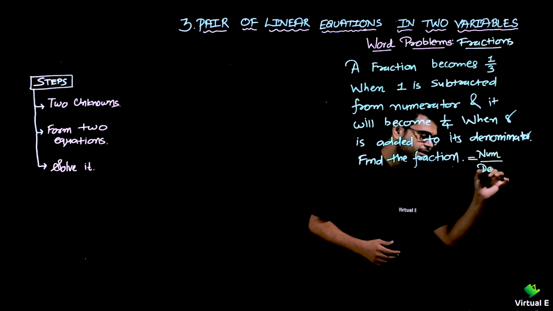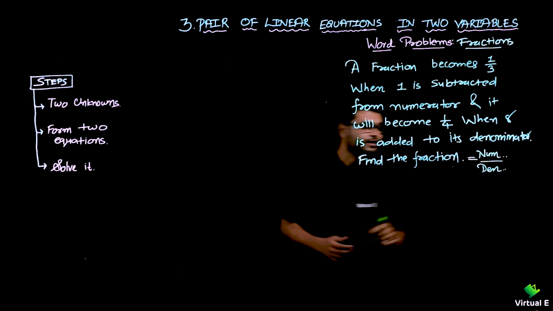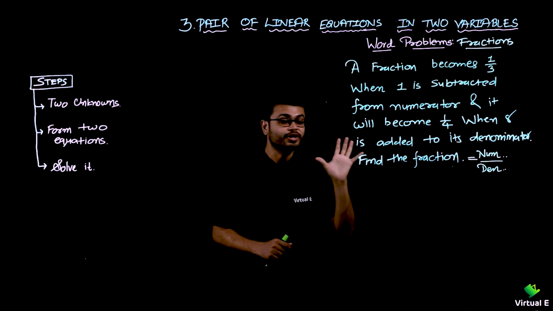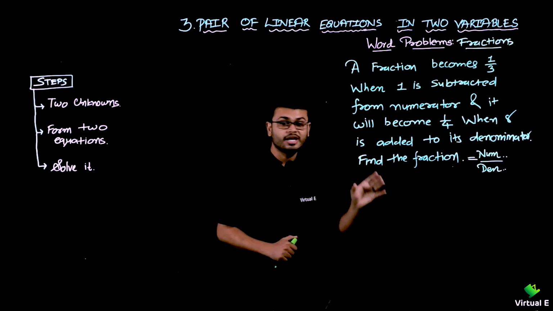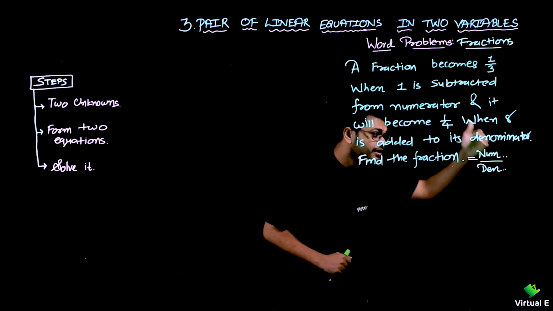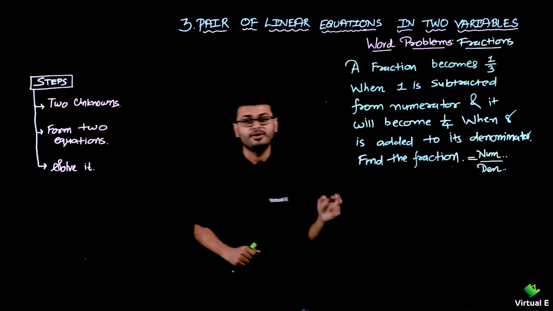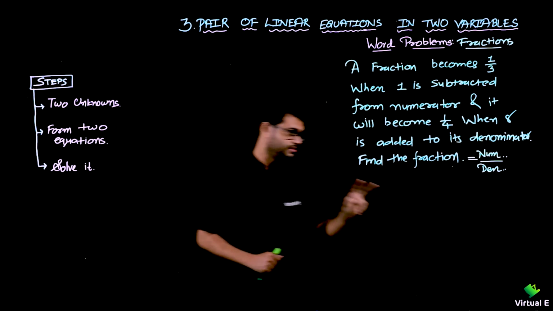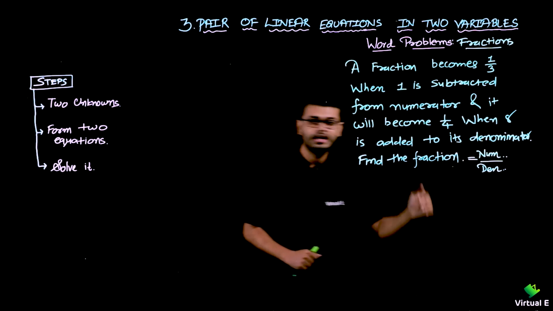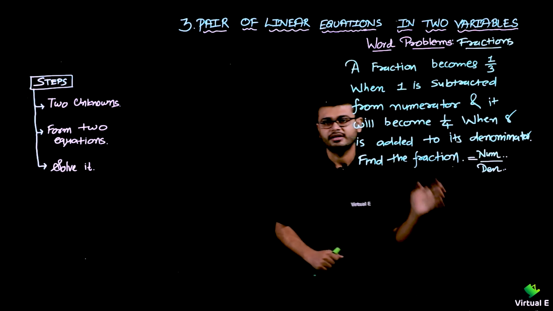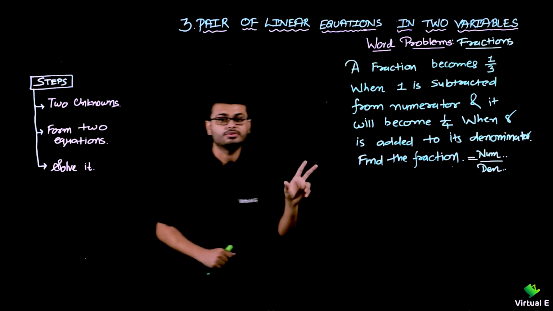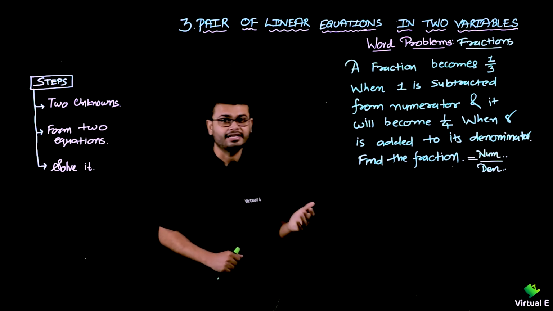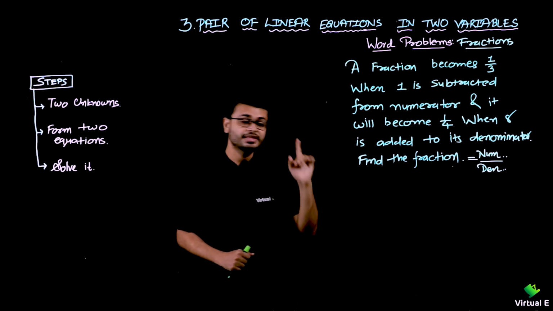So when we are talking about finding the fraction, we are talking about finding numerator and denominator. So we have two unknowns: one is numerator, another is denominator. So my first step is done, finding two unknowns. I hope you are clear with the first step.